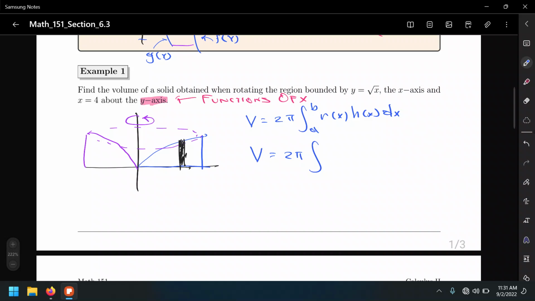So in this case, to describe the radius, it's going to be x minus the position of the axis of rotation. So what's the position of the axis of rotation? Zero. If we were rotating this about the axis x equals -3, for example, this would have been x minus -3, which would become x plus 3.